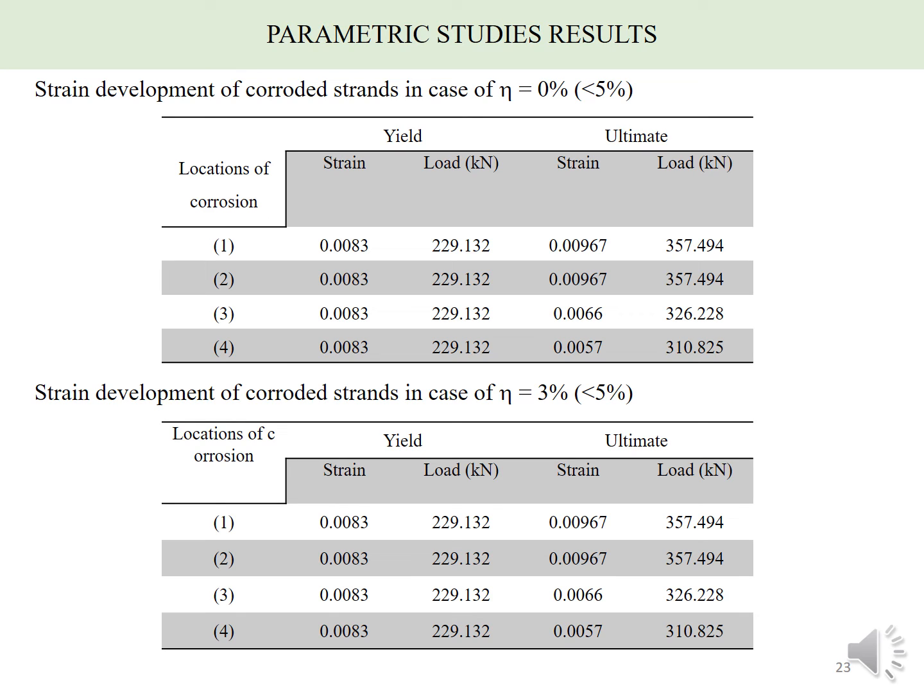Both cases of 0% and 3%, as we can see here, show no difference at every location. As a result, a corrosion location at a distance of smaller than or equal to 650 mm shows no effect on the local behavior of the corroded strand of the PSC beam when the section loss is smaller than 5%.